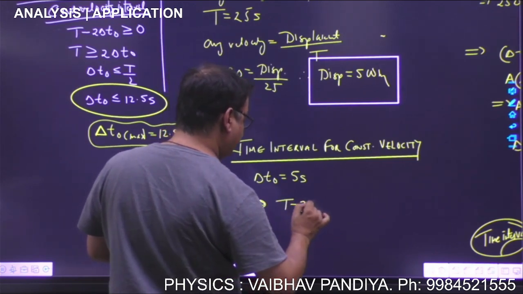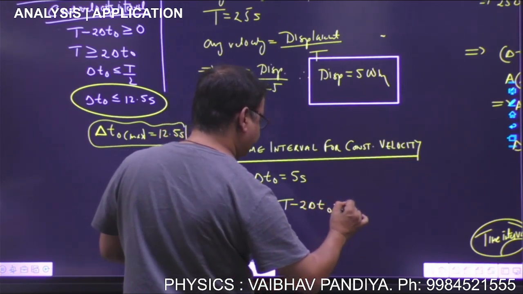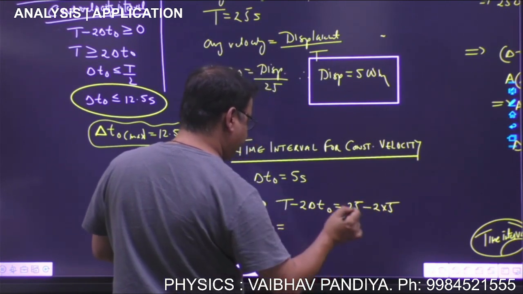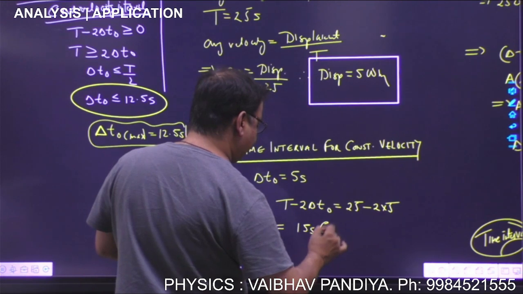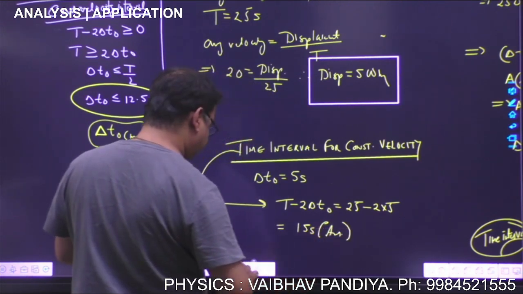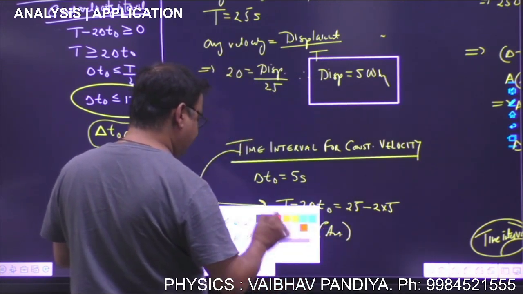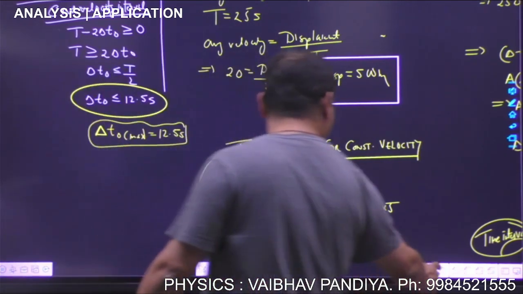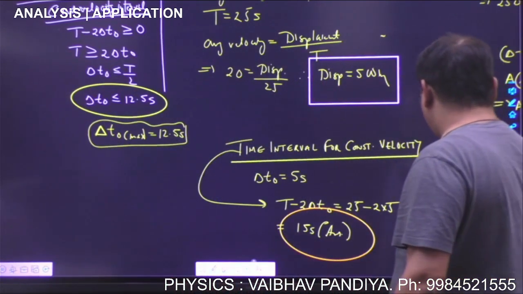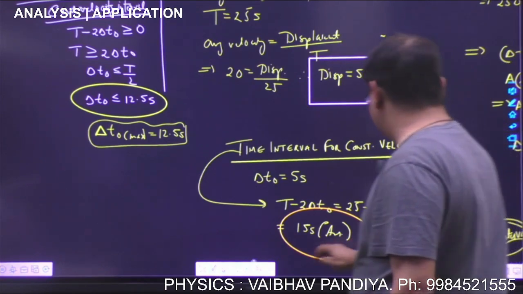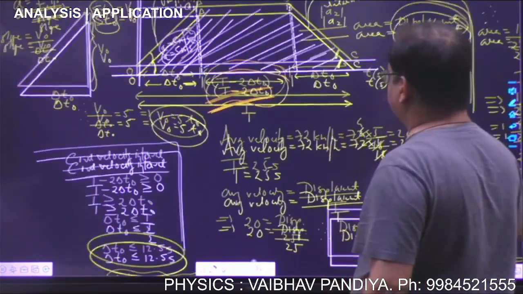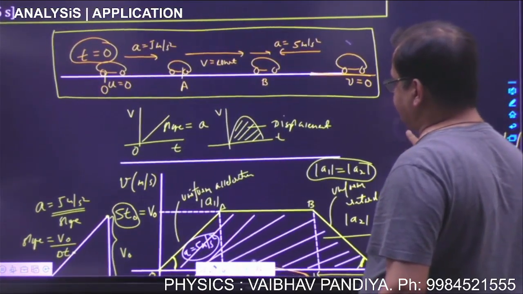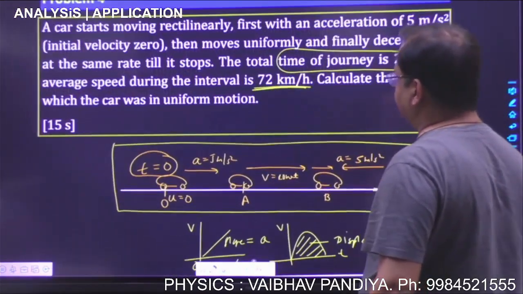T minus 2 delta t naught, and T was 25, minus 2 into 5, so you will get 25 minus 10, so the answer is 15 seconds. So the answer to the problem is 15 seconds. Okay, got it? So see, the problem was done very easily applying what? The graphical approach. And the basics that the slope gives the acceleration and the area gives the displacement. Got it?